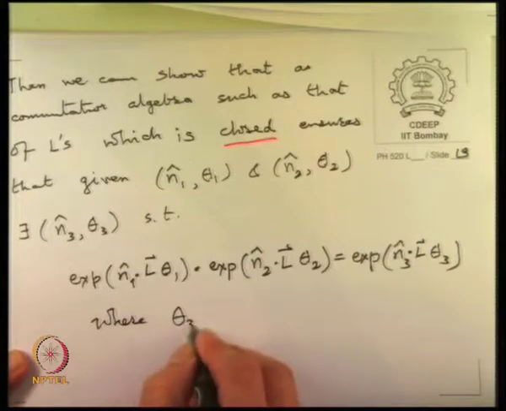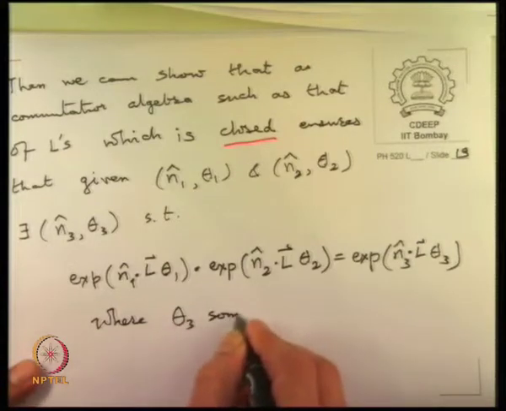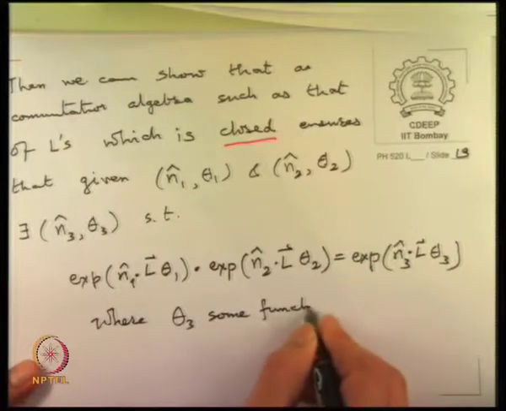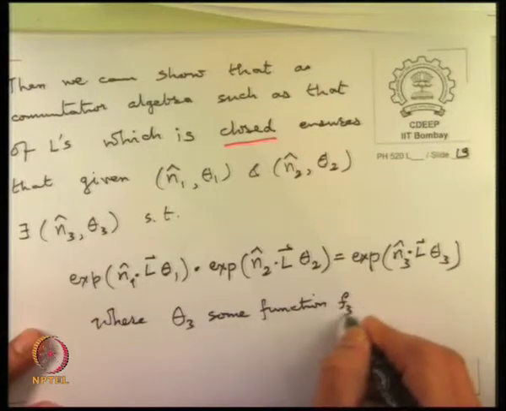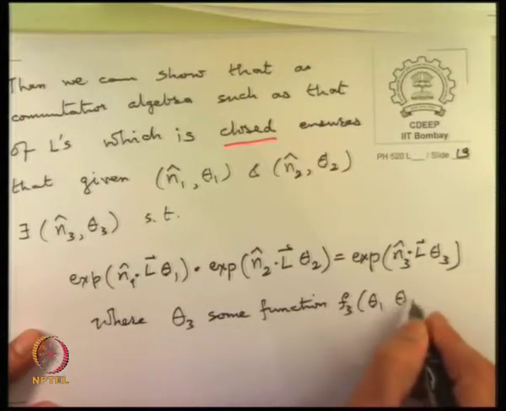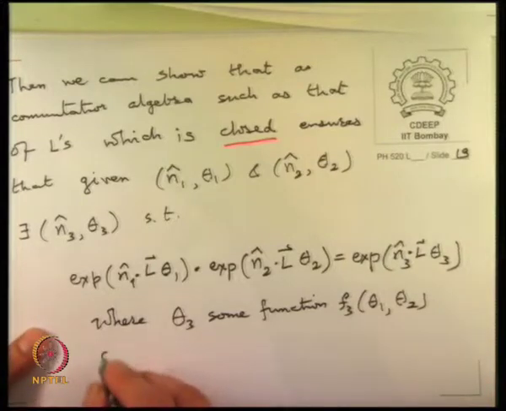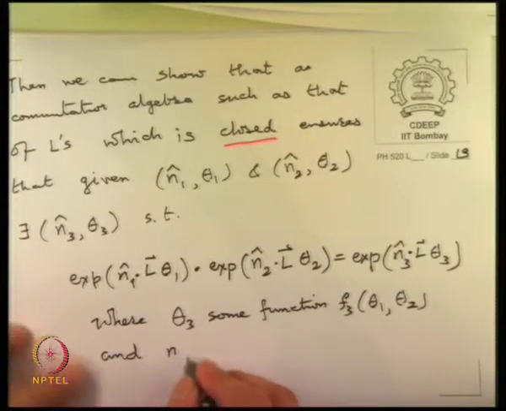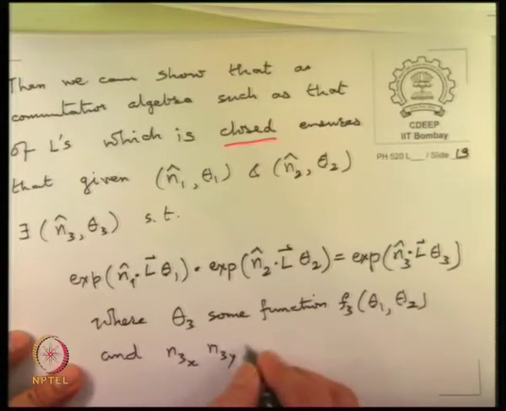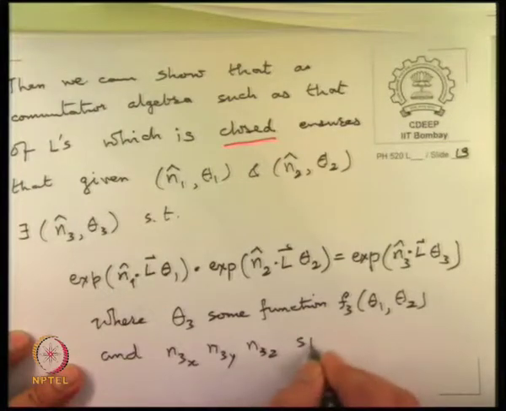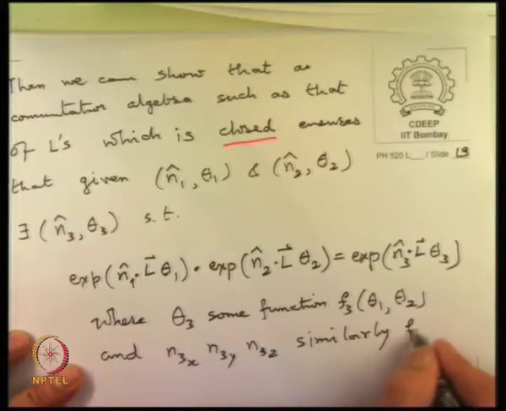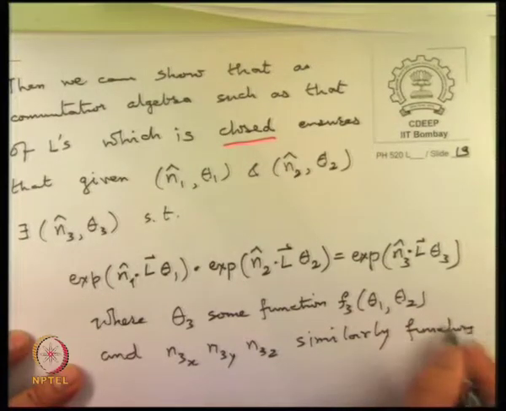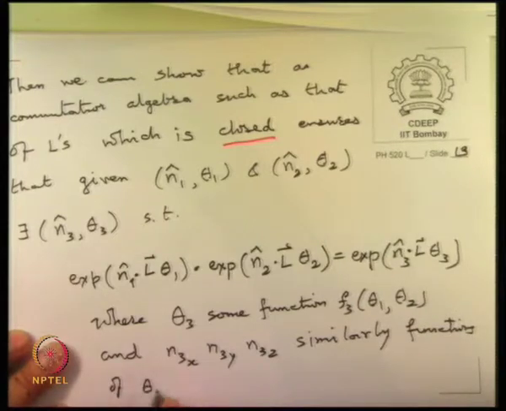theta 3 will be some function of theta 1, theta 2 and n1 cap, n2 cap, and of course similarly n3 x, n3 y, n3 z are functions of everything.